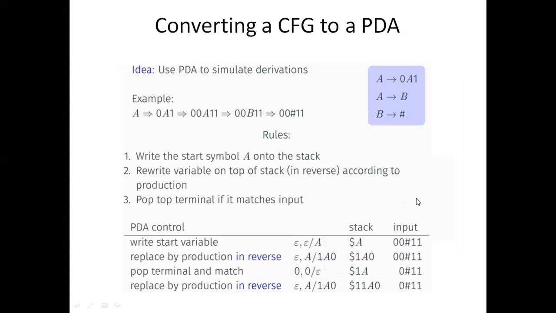Now what is step one in this conversion? If I look at this grammar, I see that A is my start symbol. So at the first place, your start symbol should always be pushed onto your stack. If I don't push my start symbol on the stack, I can never replace it with some string on the right hand side.